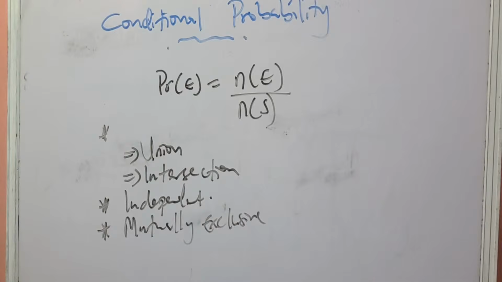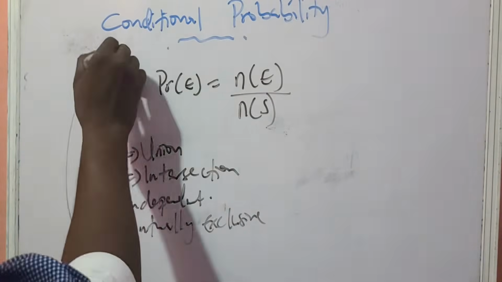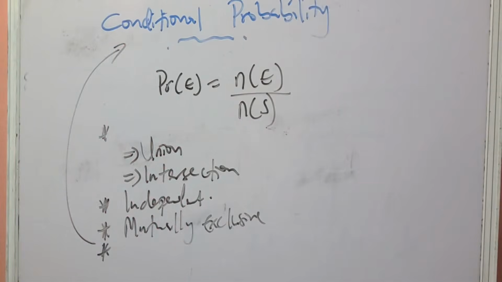But before we come back to this, because I believe I already gave you the understanding of mutually exclusive events, I want us to quickly dive into another subtopic on our probability, and that is conditional probability.